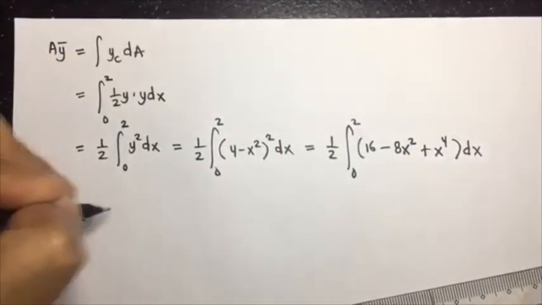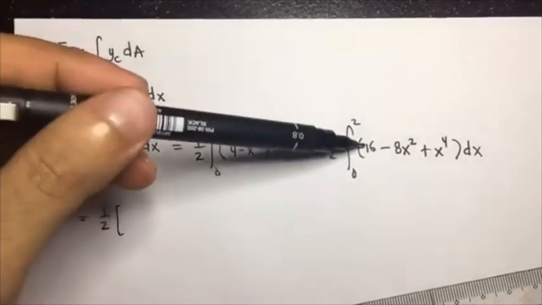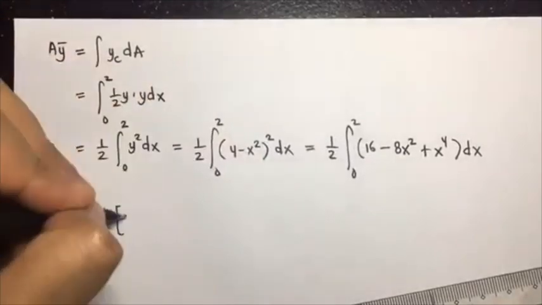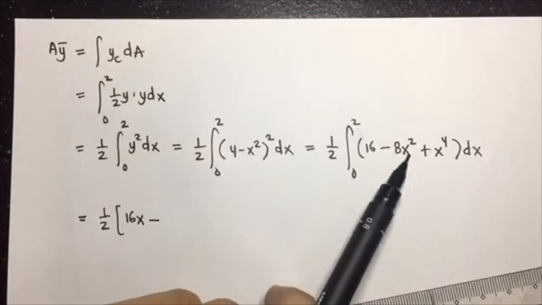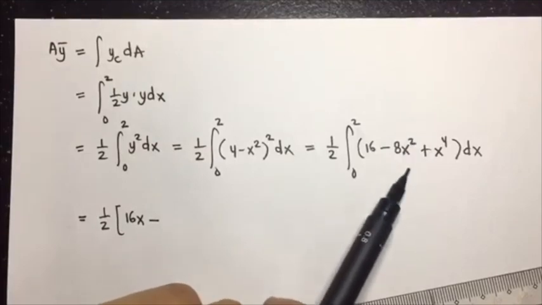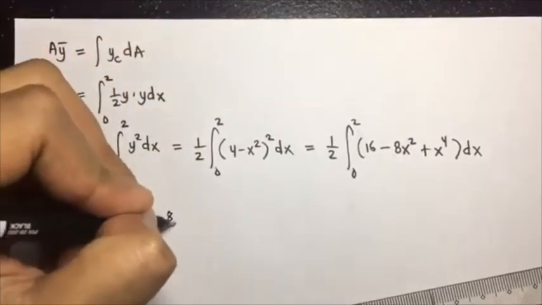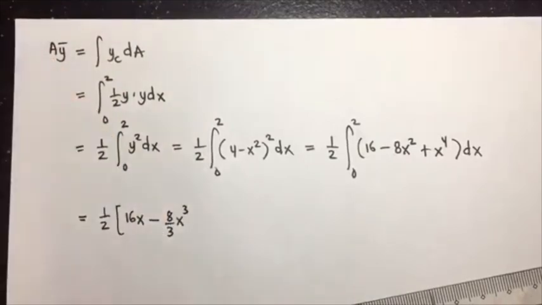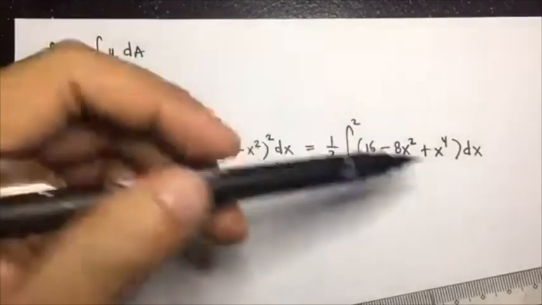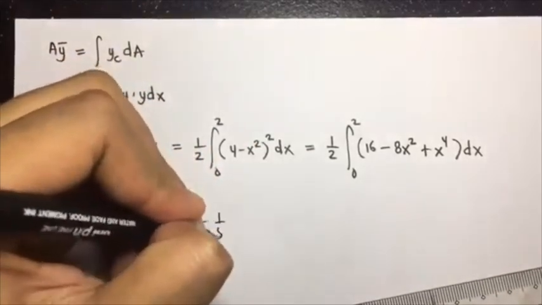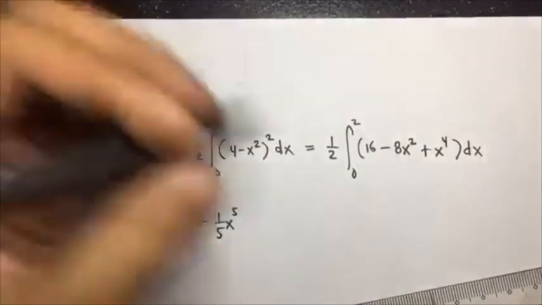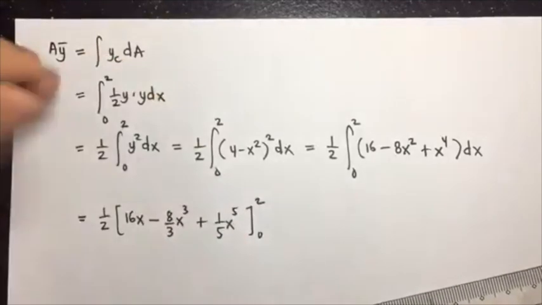And then integrate, so we will have 1/2 integral of 16 dx, so that is 16x, minus integral of 8x squared, so that is 8 over 3 x cubed, plus integral of x to the 4th dx, so that is 1/5 x to the power of 5, from 0 to 2.